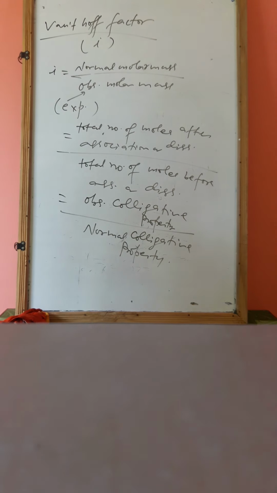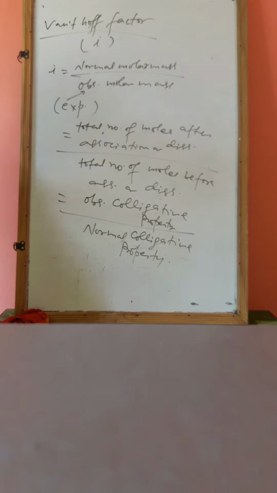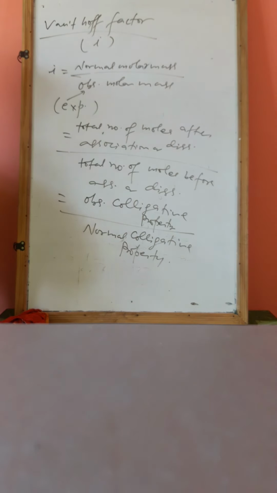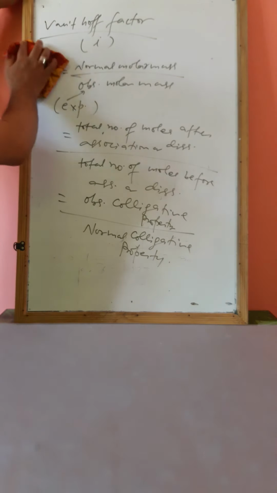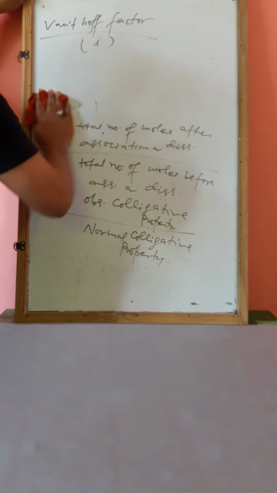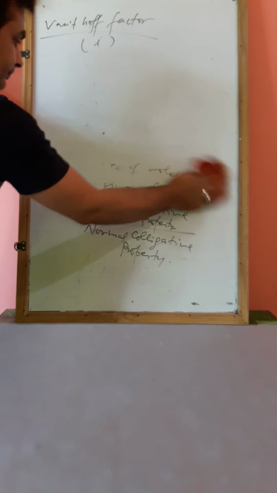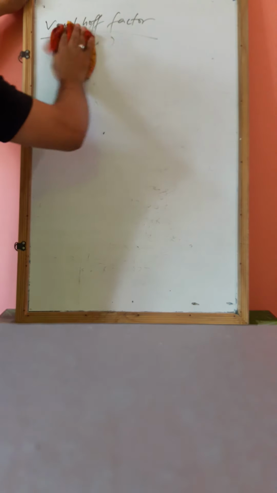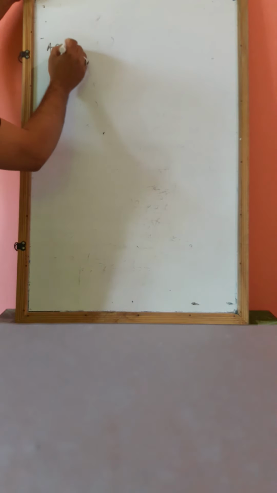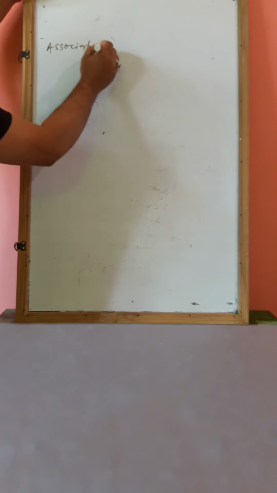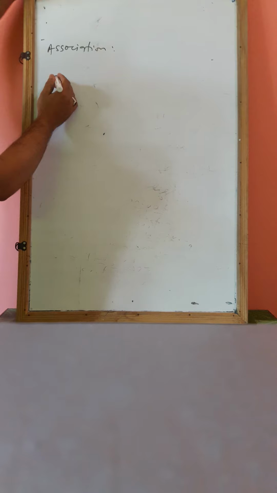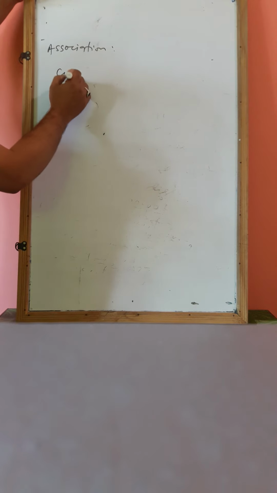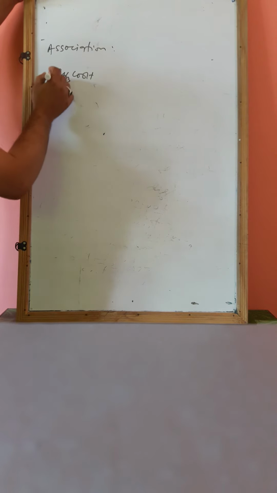Now we will study association and dissociation cases. What is the meaning of association and dissociation? Association: we take the example of acetic acid, CH3COOH.